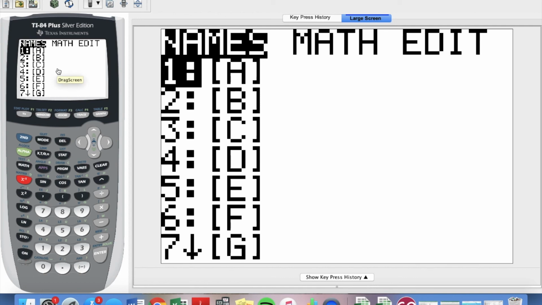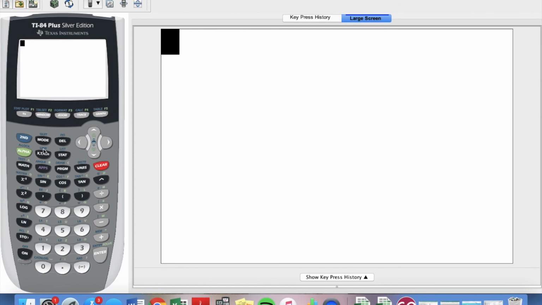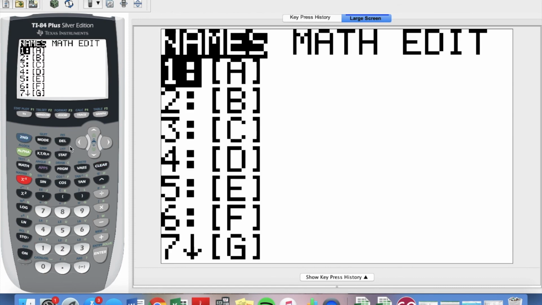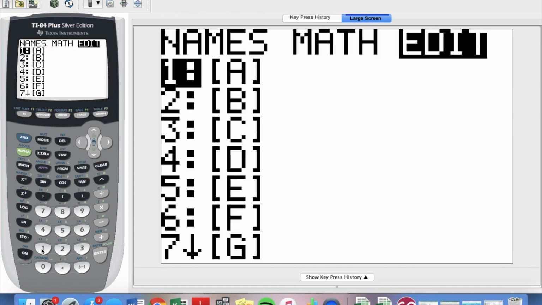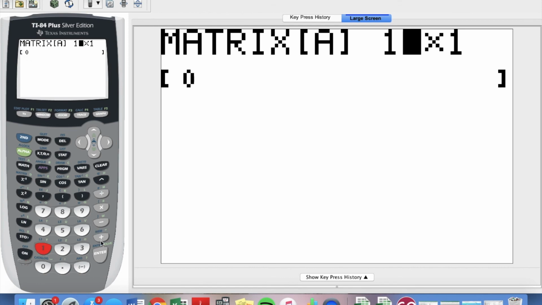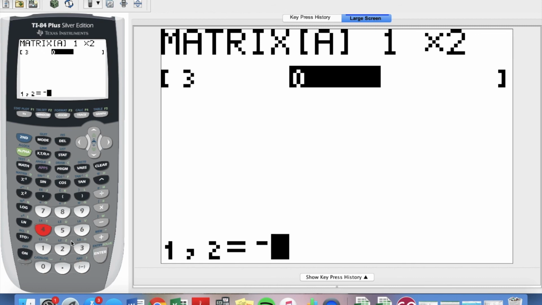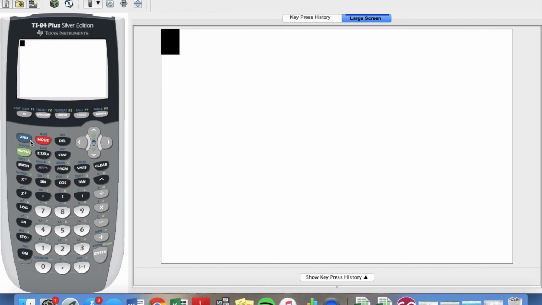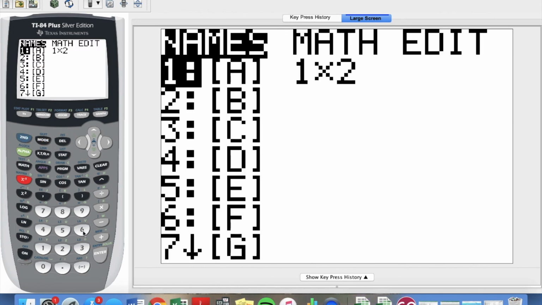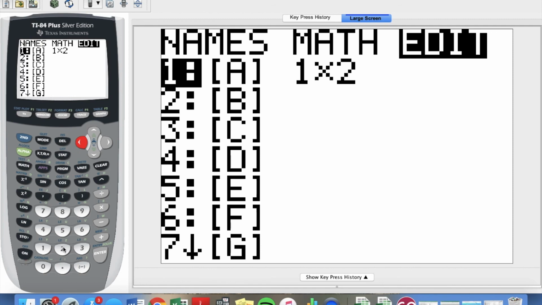And so now this last problem we have is a 1 by 2, so I'm going to go and hit, oops, I didn't want to do that. Hit second matrix, edit number 1, and that was a 1 by 2. And that was 3, negative 4. And then second quit, second matrix, and then I'm going to edit number 2.